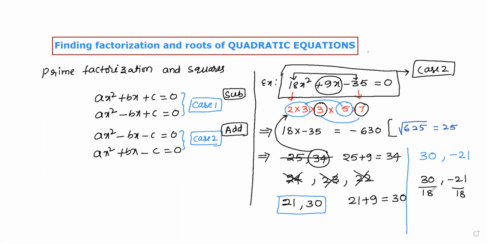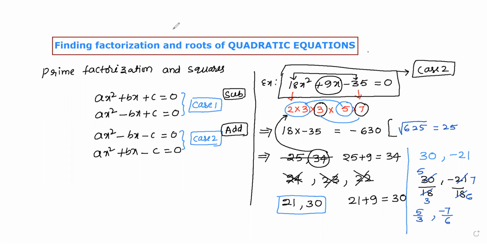If you remove the common number from these fractions, in the 6 table it goes 3 times and in the 30 table 5 times. So it is 5 by 3, and in the 3 table it goes 7 times and in the 21 it goes 6 times. So that is minus 7 by 6.